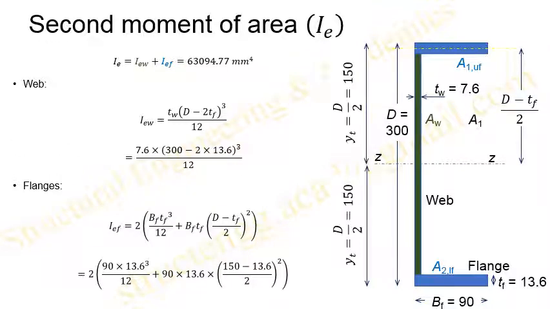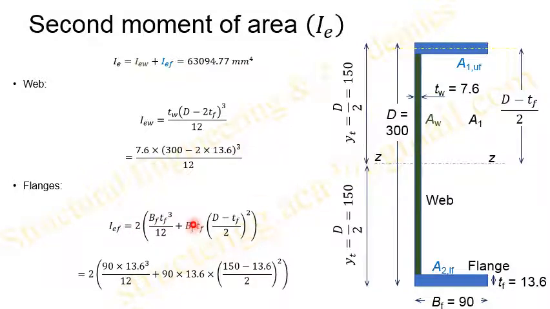To find out the section modulus, first we have to find the second moment of area, and the calculation for the second moment of area has been shown here. I have broken the section into two segments, web and flanges, and calculated for the web first, then for the flange. There are two flanges, so both have been considered by multiplying by 2 because of symmetry.